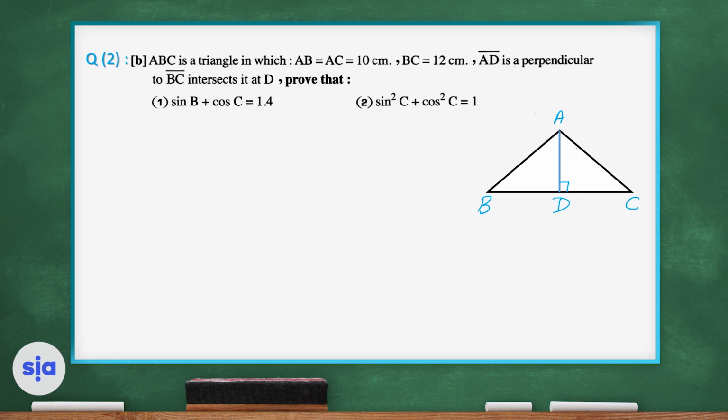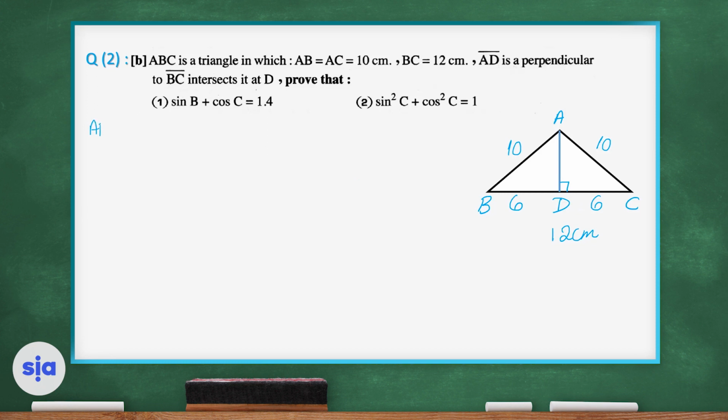And we know from the givens that AC is 10 centimeters, AB is 10 centimeters, so this is an isosceles triangle, and this is a perpendicular line coming from the vertex, so BC, which is 12, is now bisected into 6 and 6. In order to prove that sine B plus cosine C equals 1.4, we need first to find the length of AD.